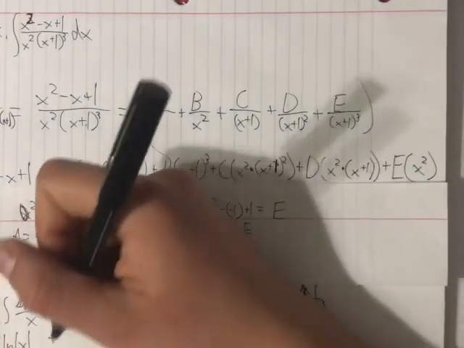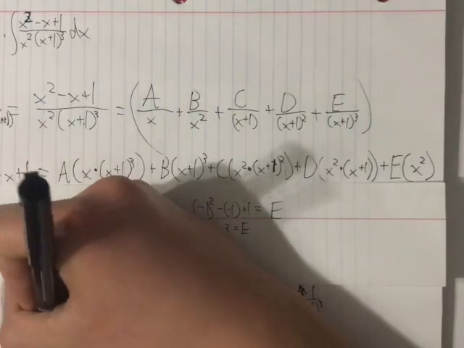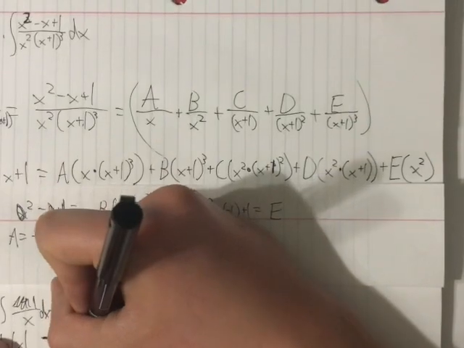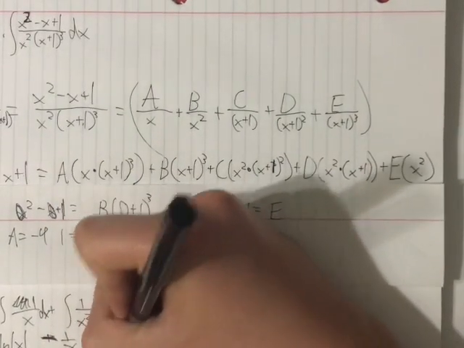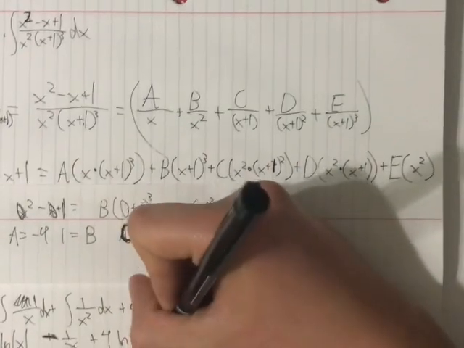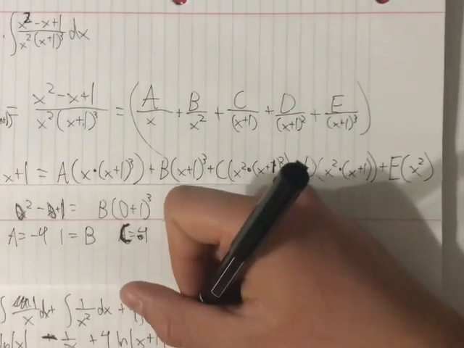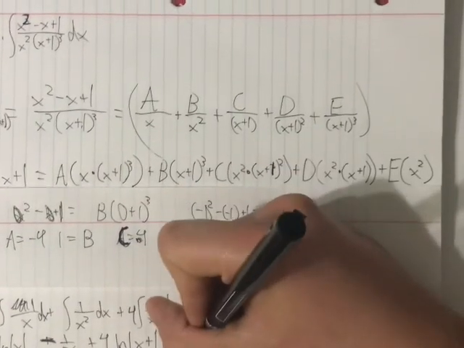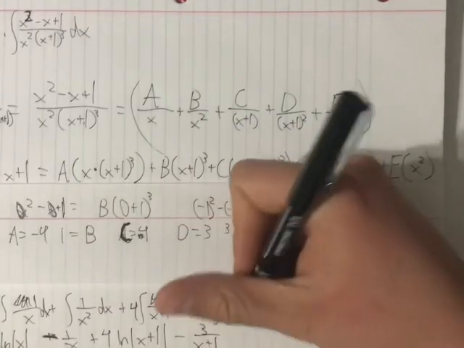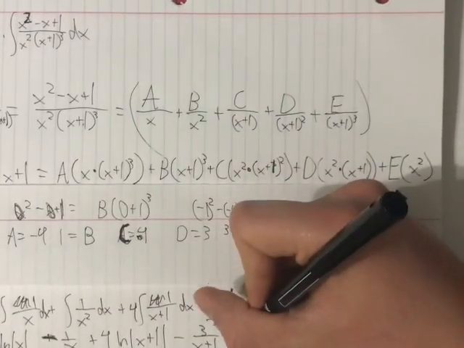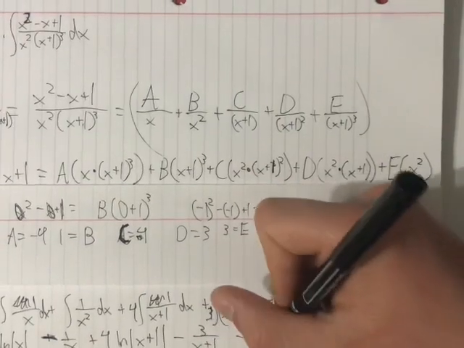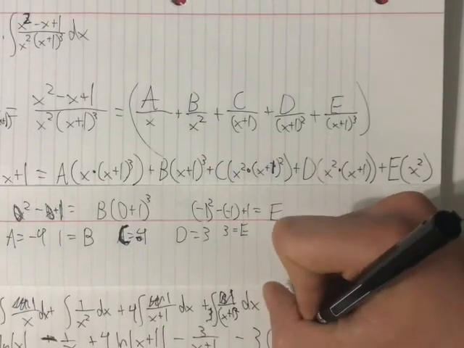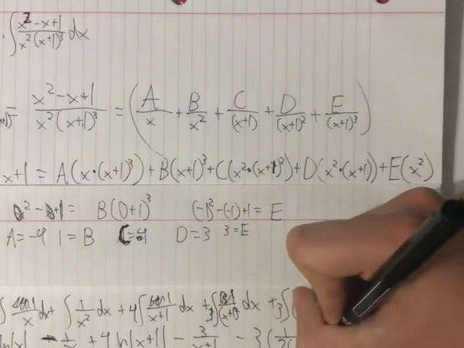So we have minus 4 natural log x, then we have minus 1 over x, then we have plus 4 natural log of x plus 1, then over here we have minus 3 over x plus 1, and finally we have minus 3 times 1 over 2 times x plus 1 squared.